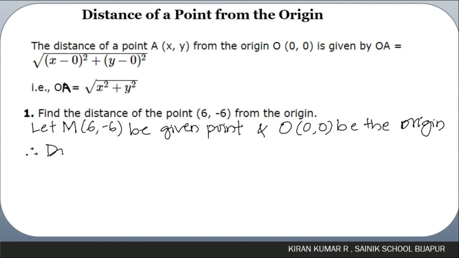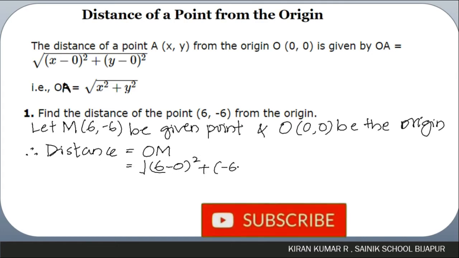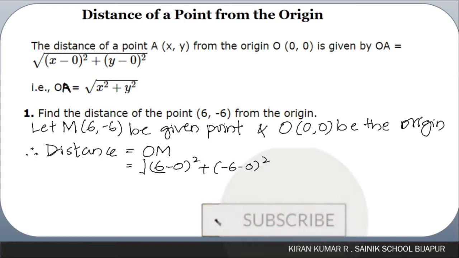Therefore, the distance will be OM, which is given by under root (6 minus 0) the whole square plus (negative 6 minus 0) the whole square.